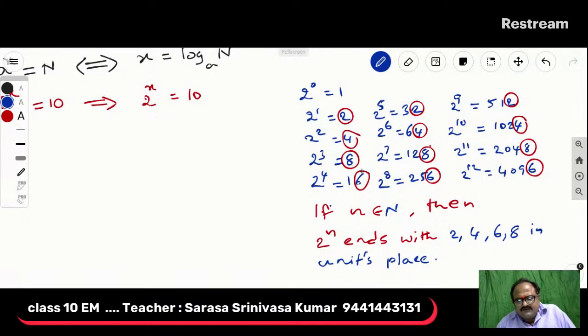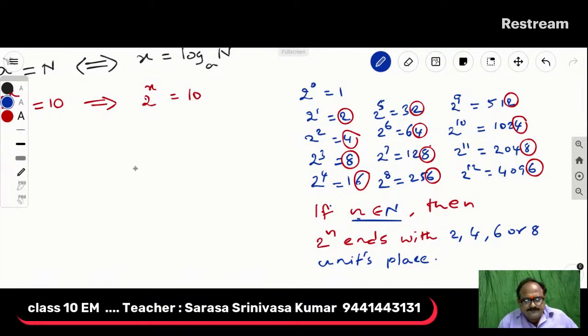You must understand this. If n is a natural number, then 2 to the power of n ends with 2, 4, 6 or 8 in its units place.